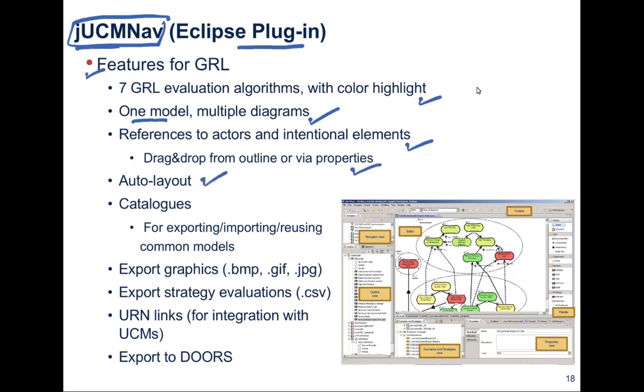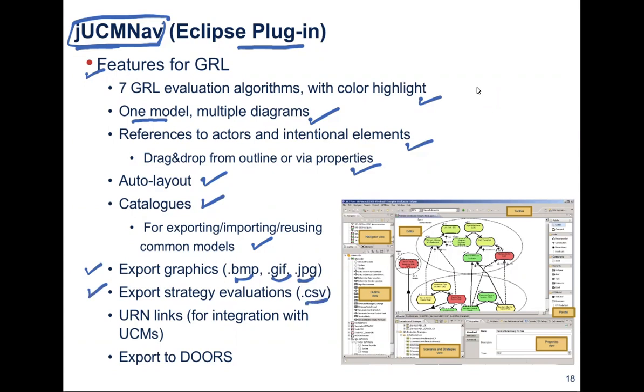In this tool you will also find catalogs, which are used to export, import, and even reuse common models. It is universally used to export graphics, especially BMP, GIF, and JPG, and also for exporting strategy evaluation results using a CSV file.